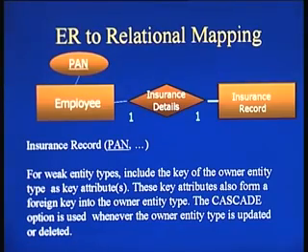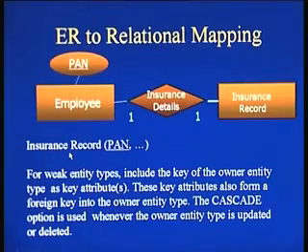Now, how do we translate such entity types? So essentially the idea here is how do we translate insurance record into the relational model? So for weak entity types, the translation is shown here in the slide below.